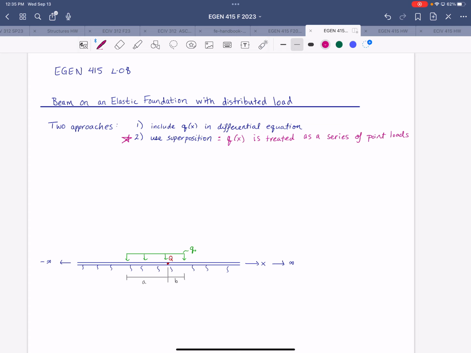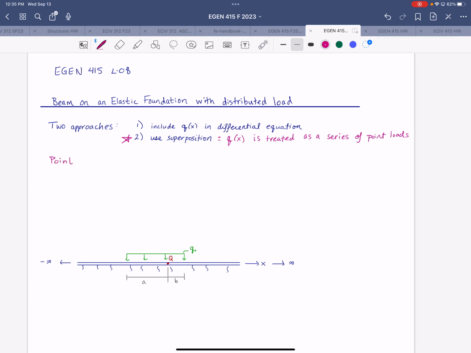And that gives us an easy starting point because we already have, on one of the previous handouts, an expression for the deflection due to a point load on an infinite beam on an elastic foundation.